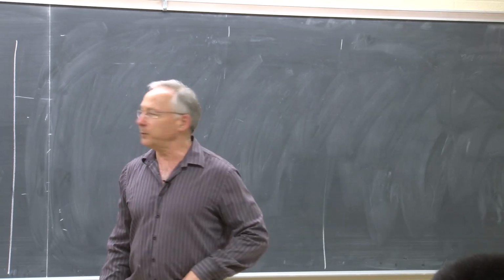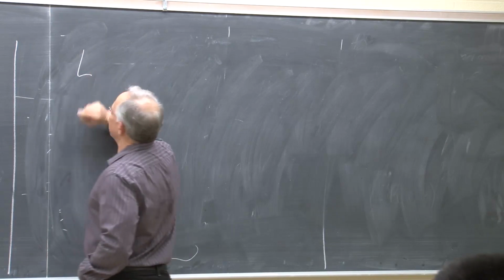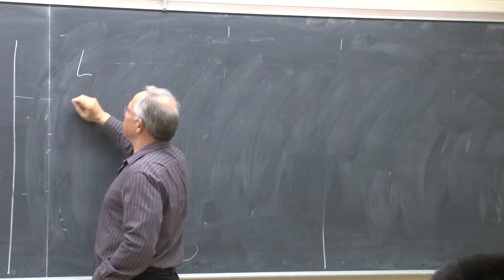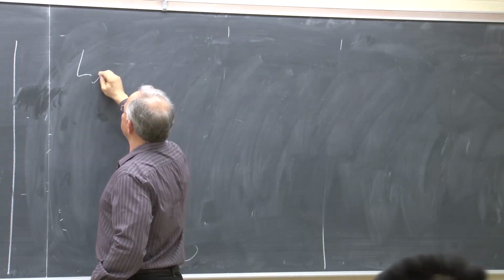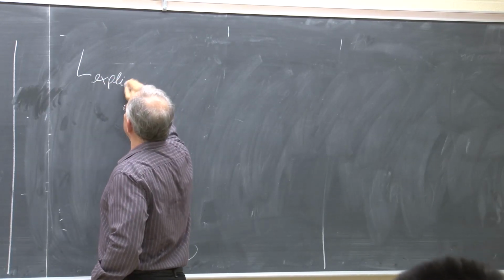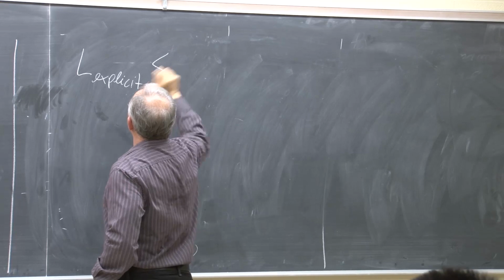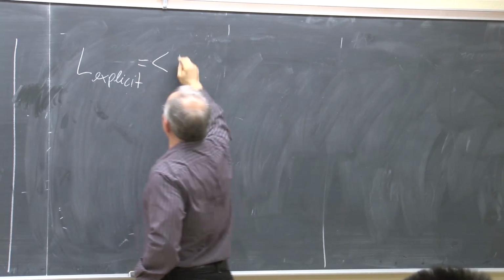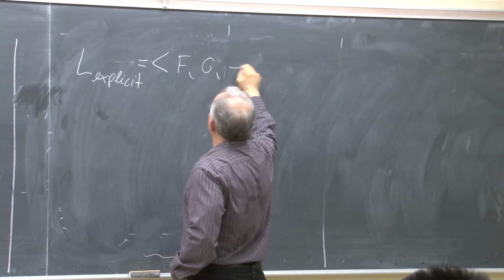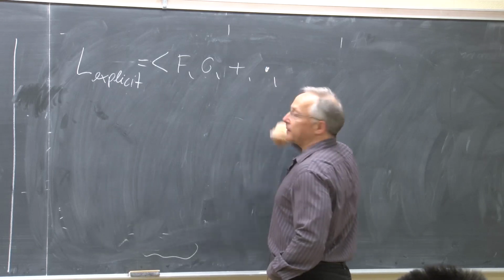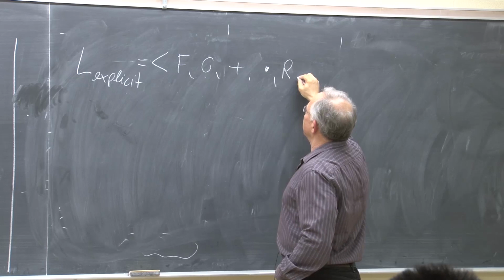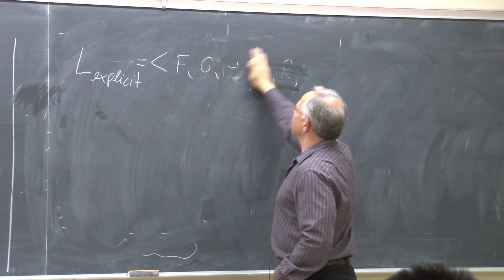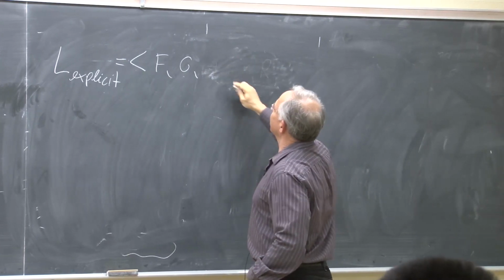Let's call this language L explicit. It will be the language in which I will have F, G, plus, times.